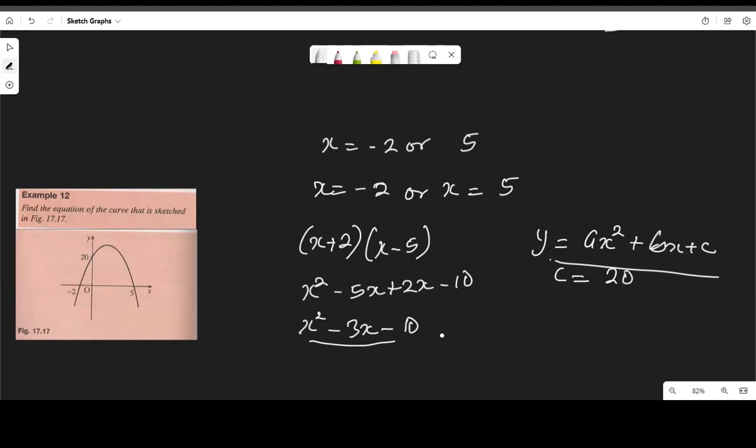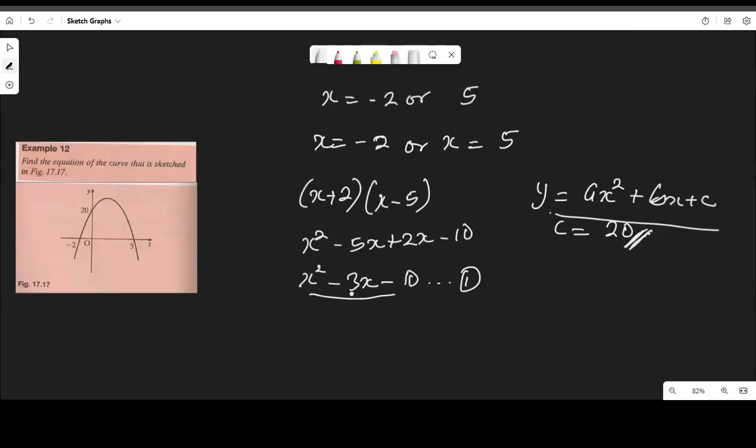And to achieve that, we are going to multiply, let me call this equation 1, by negative 2, because the general form of a quadratic function is y equals ax squared plus bx plus c.